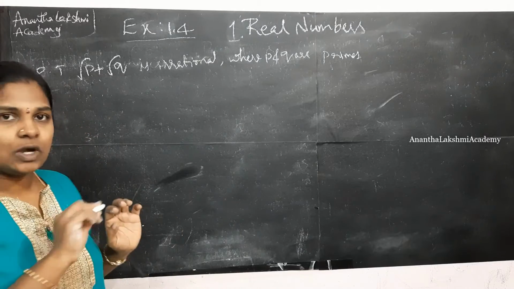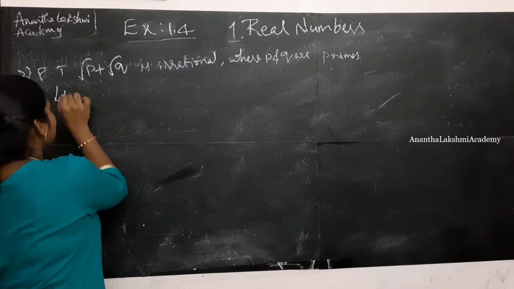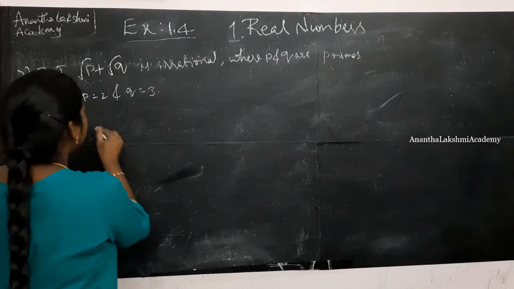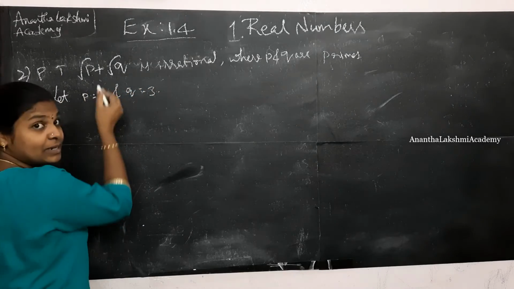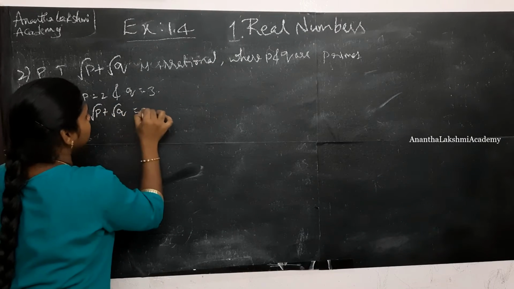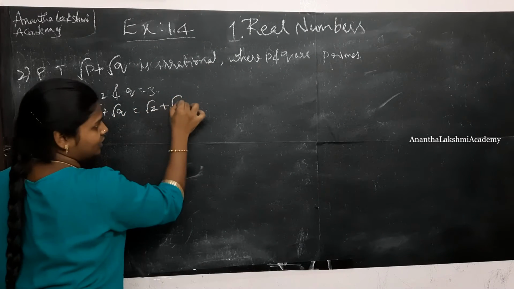Given that p and q are primes, let us assume p is equal to 2 and q is equal to 3. So what does root 2 plus root 3 become? Root p plus root q is equal to root 2 plus root 3.